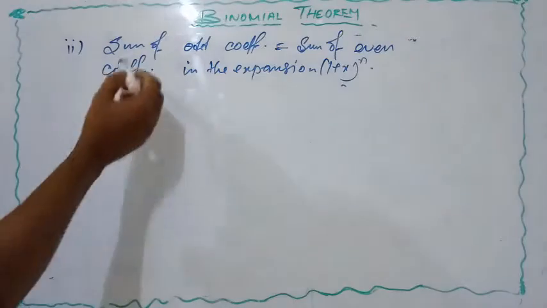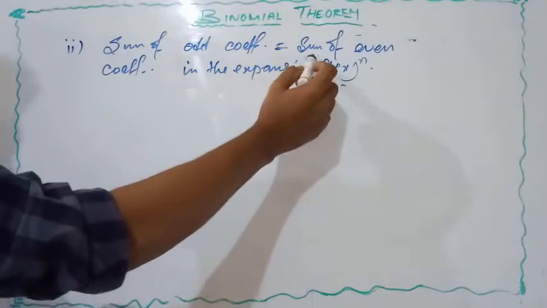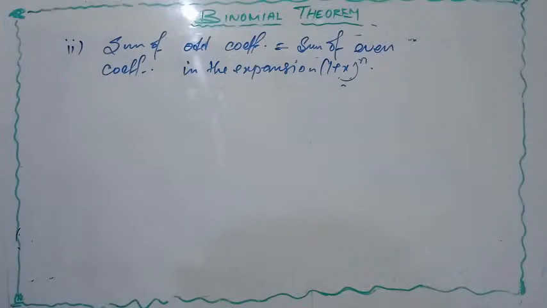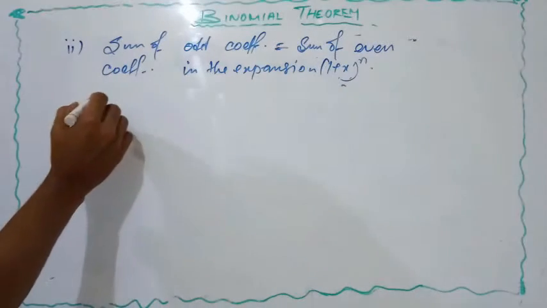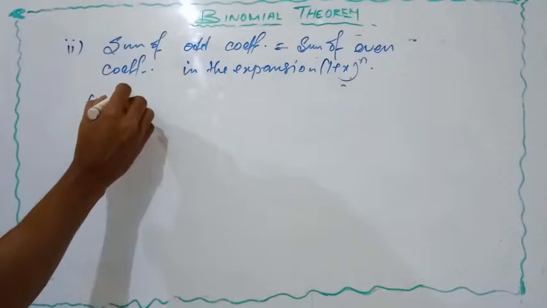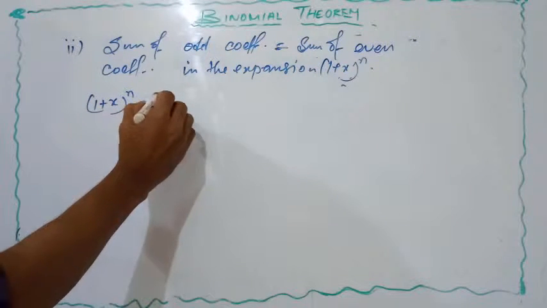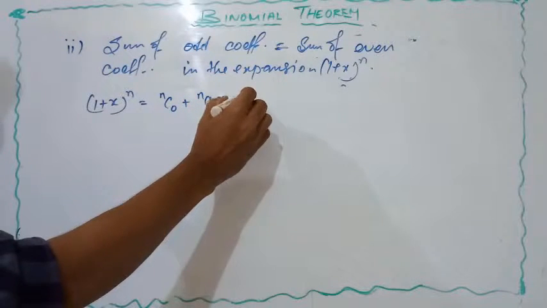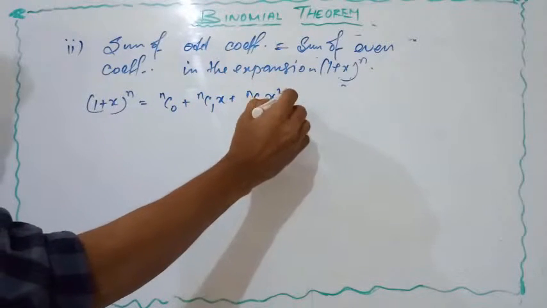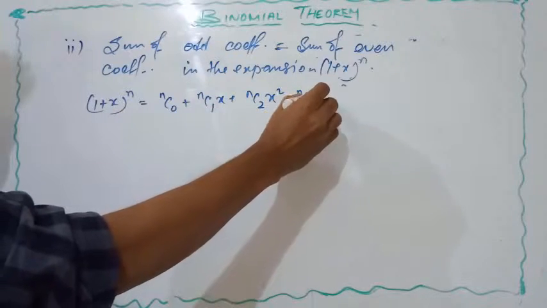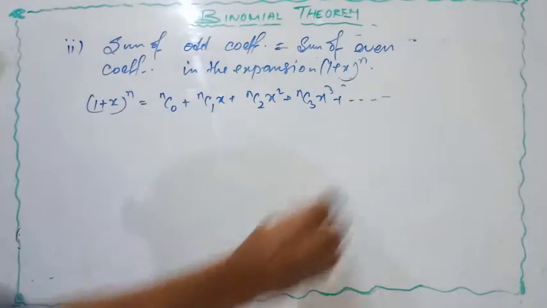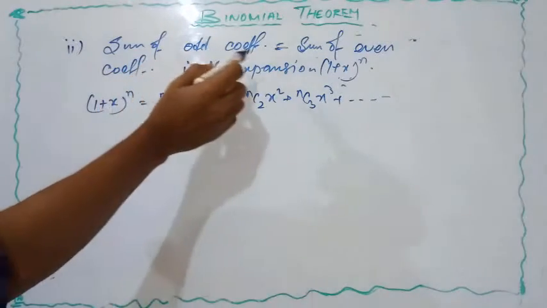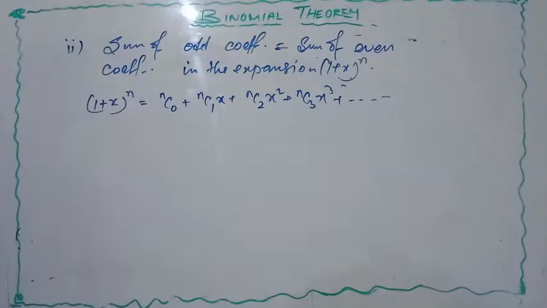So we have to prove this. If we expand this expression, (1 + x)^n, we get nC0 + nC1 x + nC2 x squared + nC3 x cube, and in this way it will continue. We have to prove the sum of odd coefficients is equal to the sum of even coefficients.